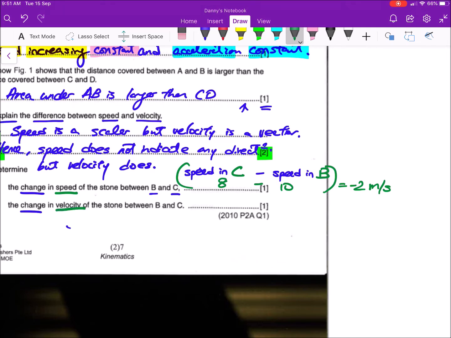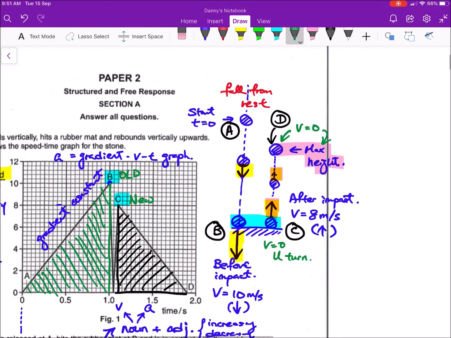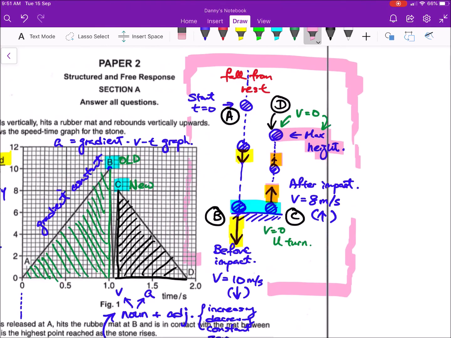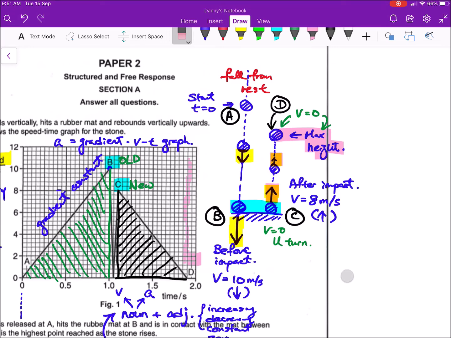How about change in velocity? Now this is tricky unless you understand. Down here, I want you to look at this, because I am interpreting it in terms of velocity. B is happening here, C is happening here. Can you see that the direction is different?